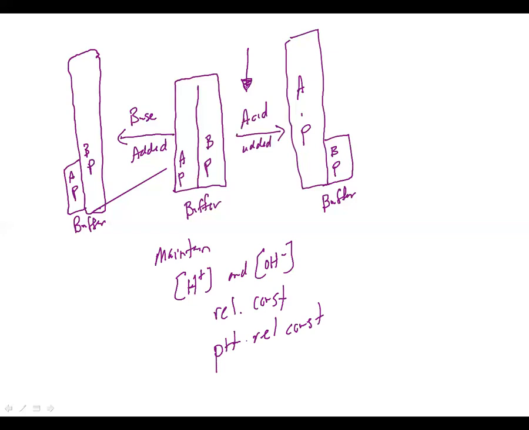What would eventually happen is the base part of the buffer would continuously get smaller and smaller until at some point you really won't have a base part of the buffer left. And at that point, if you continuously add acid, it would no longer be a buffer.